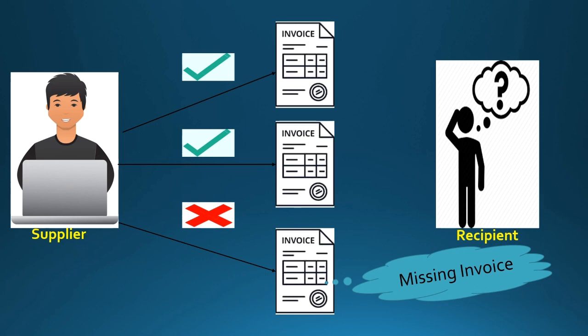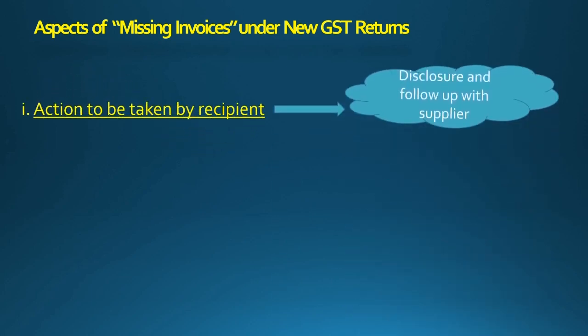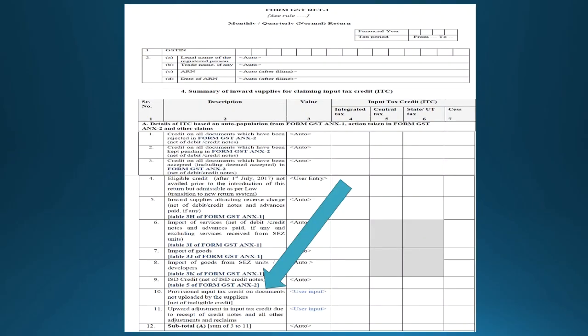After looking at the meaning, now we will see various aspects of missing invoice. First, action to be taken by the recipient. As discussed earlier, the recipient can avail credit on missing invoice, but for the purpose of availing credit, he has to disclose the amount of such credit in serial number 10 of table 4A of GST RET1.